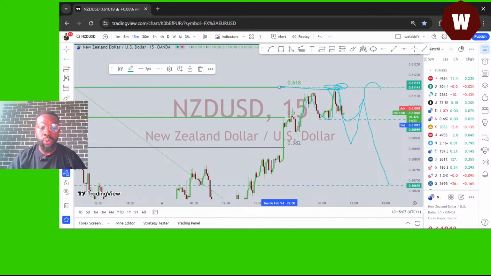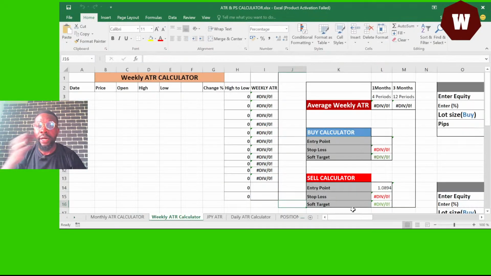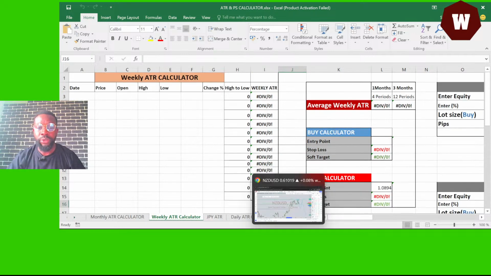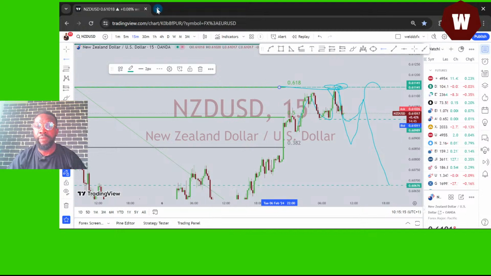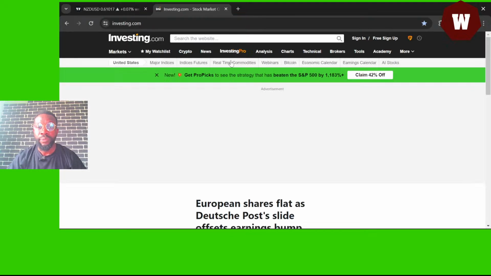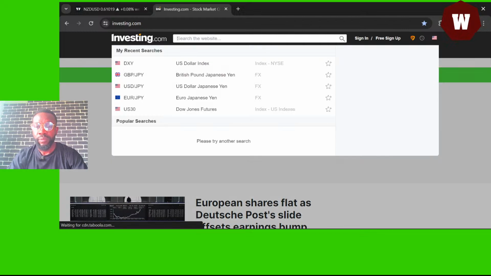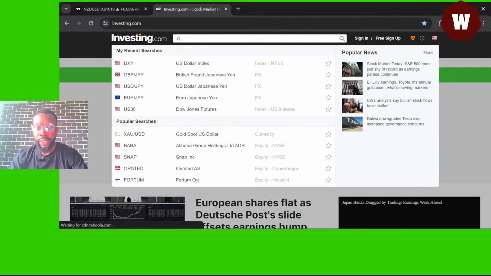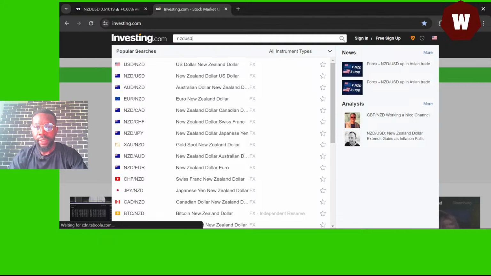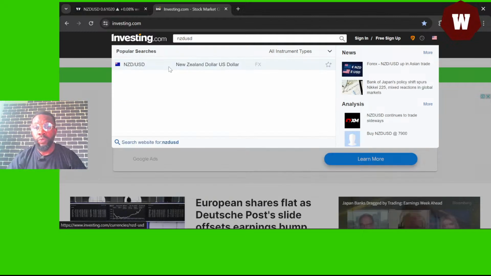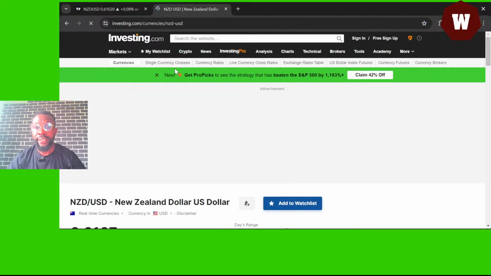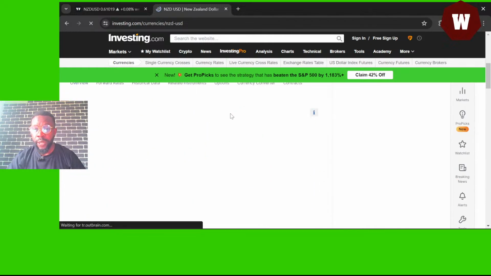So if we want to calculate our risks and our rewards, I always use my calculator. So let me go here. If I go to investing.com and let's receive the economic data for New Zealand dollar, NZDUSD. Okay, so we use this data to set the stop loss.